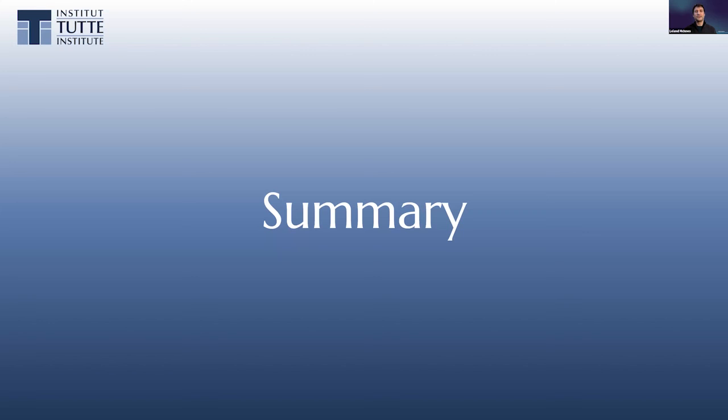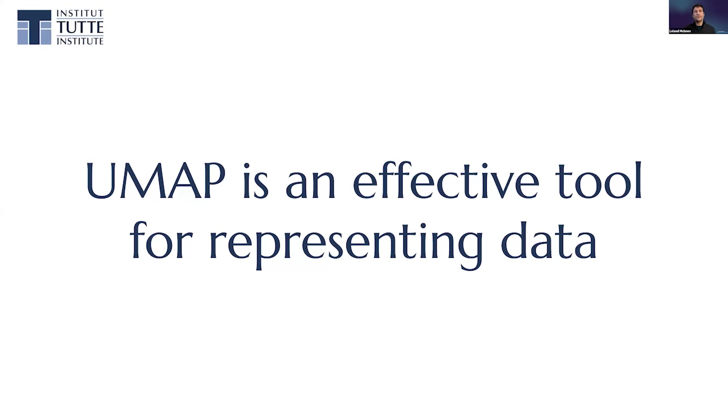So to wrap things up, UMAP is an effective tool for representing data, letting you see some of what's going on in your data. There's a great quote from The Hobbit by Tolkien. There's nothing like looking if you want to find something. And often the best thing to do is to look at your data through whatever means you have available.